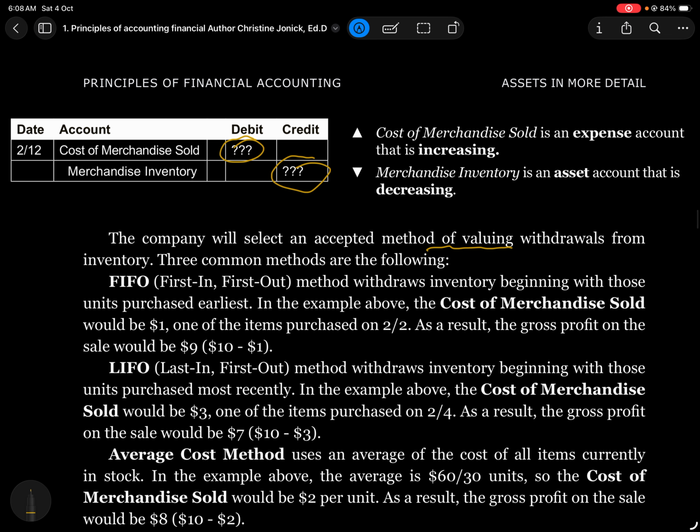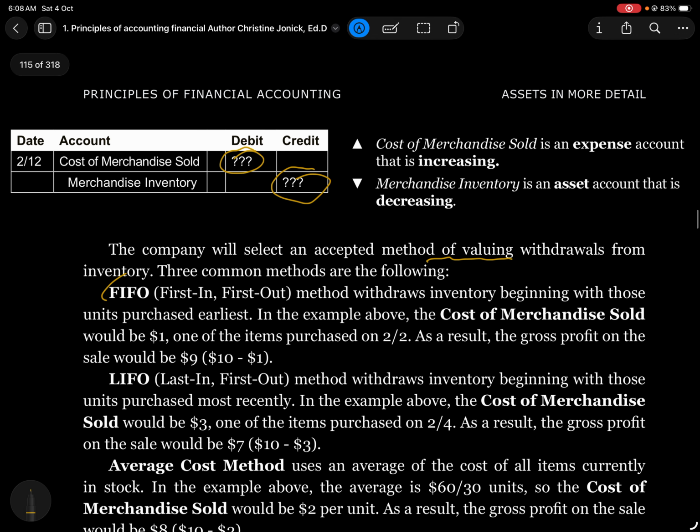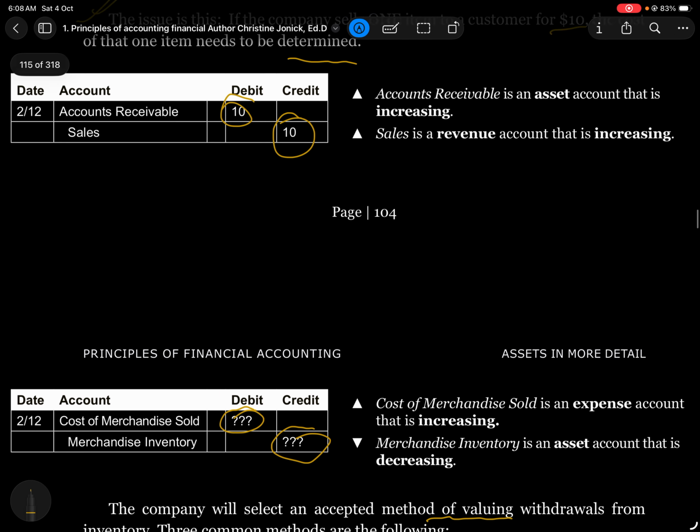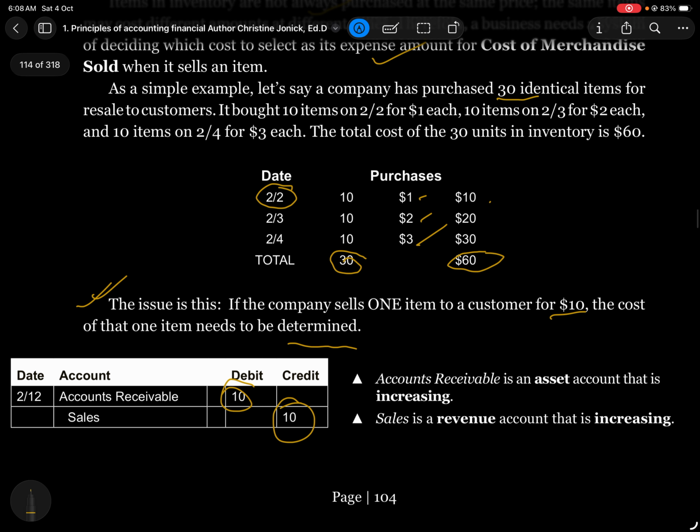If we use FIFO, first in, first out, and we are selling only one quantity, what's the first quantity that came to us? It's this one. So from here, if we take 1 at the rate of $1, our profit will be 9.